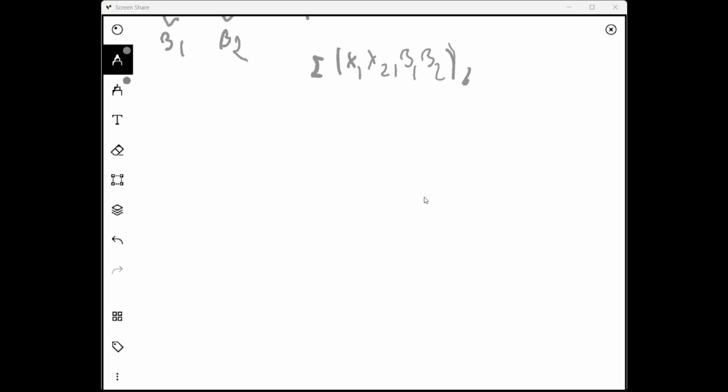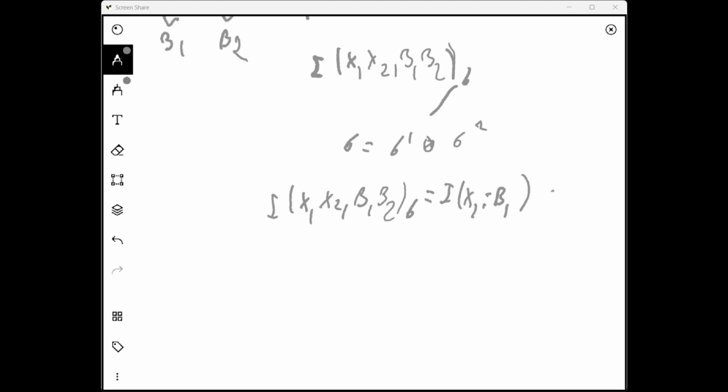First, we take our probability distribution to be independent, so c equals c1 times c2. Then it just means that when we write the mutual information of x1, x2 with b1, b2 under c, it is equal to the mutual information of x1 with b1 under c1 plus that of x2 with b2 under c2.